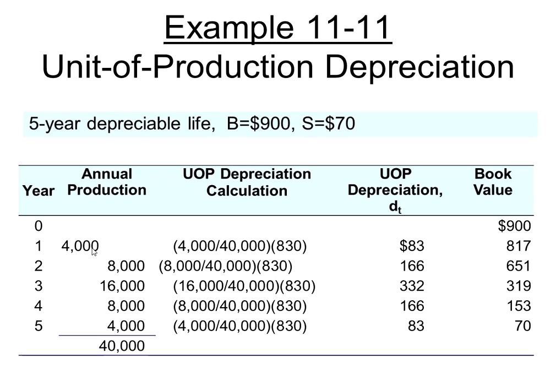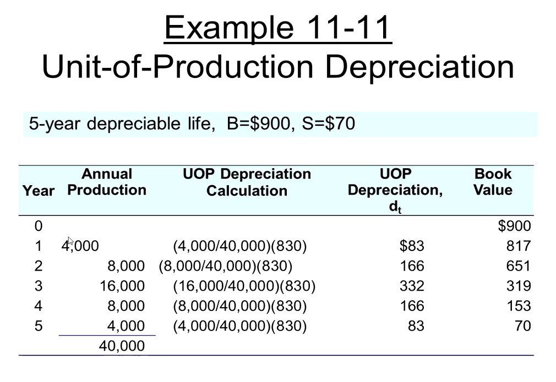So 4 and 8 is 12, 12 plus 16 is 28, 28 and 8 is 36, and then 36 plus 4 is 40,000. So this 40,000 is the total production during the lifetime.